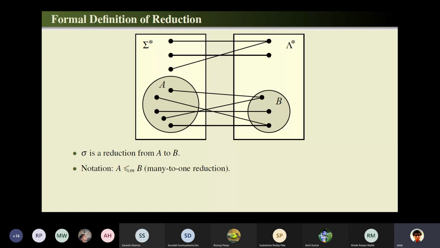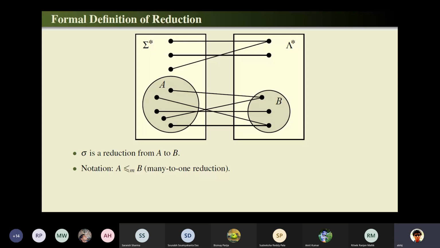Because multiple inputs may map to the same image. That's possible. That reduction may also be an injective map, but anyway, we allow this map to be non-injective, and therefore we talk about this many-to-one reduction, the possibility of having non-injective maps.